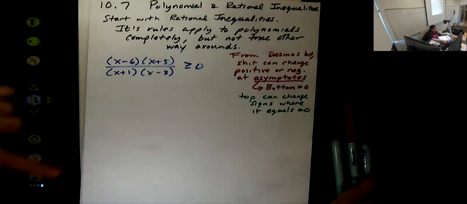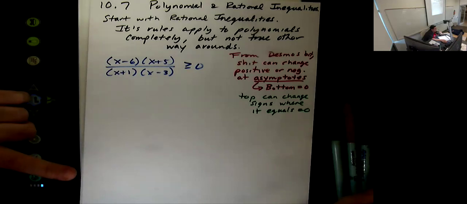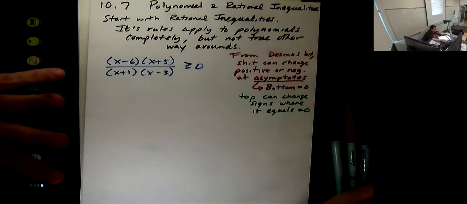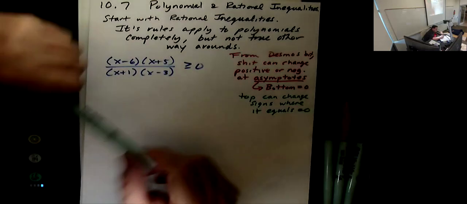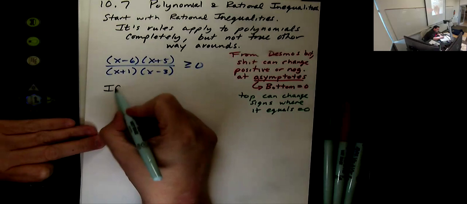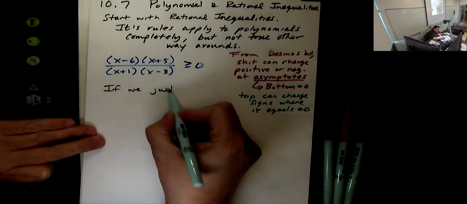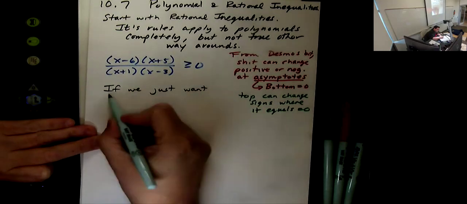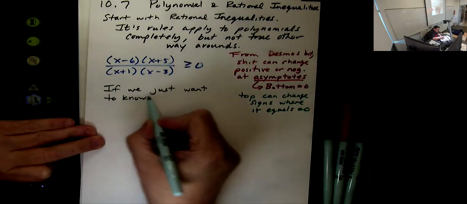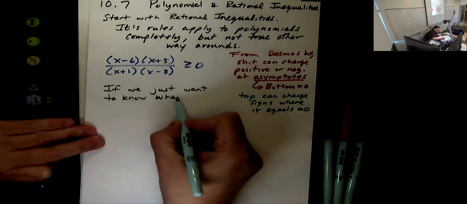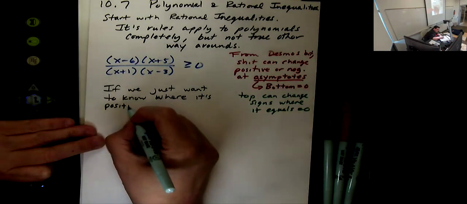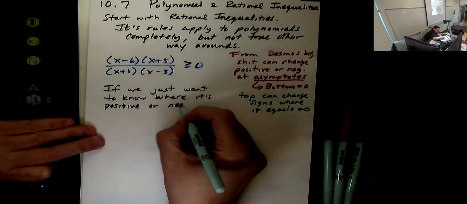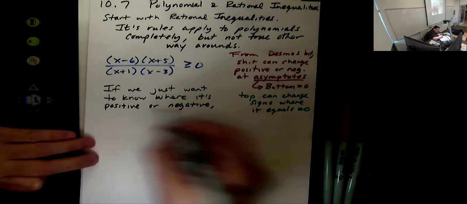And rather than doing the full graph, which we're not ready to do, if you just want to know where it's positive or negative, we can use a sign chart.